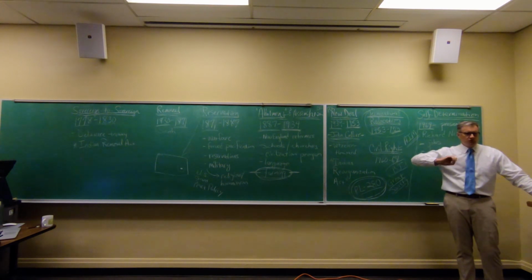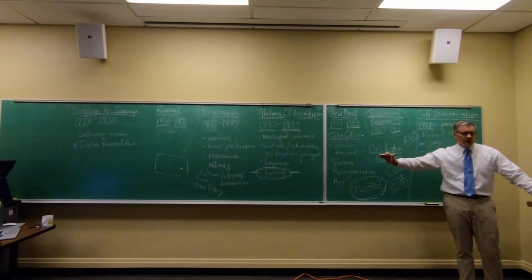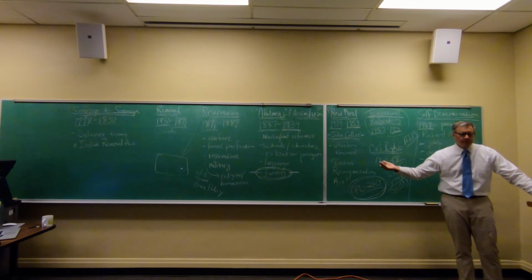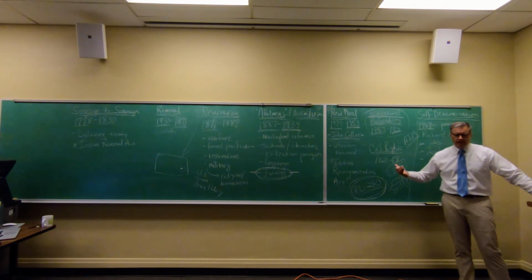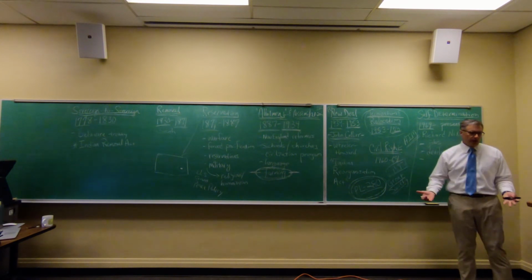Let's allow them to do their own thing so that they're not dependent on federal handouts, and act maybe as private corporations if they wish. And that's what Nixon got going.